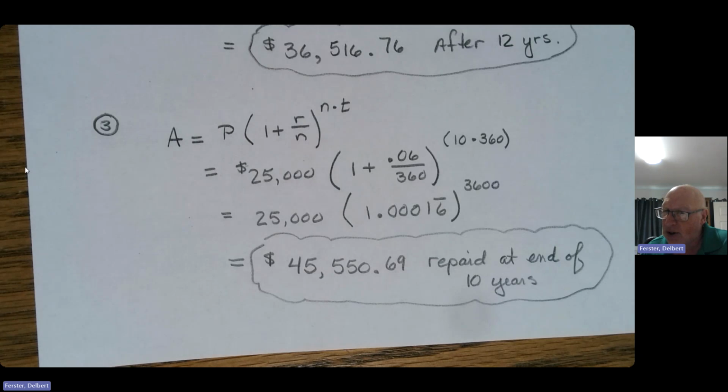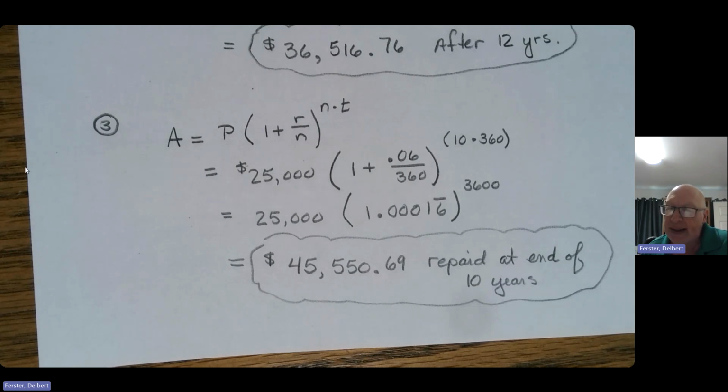Yeah, ugly calculations on the 0.06 divided by 360. I'm showing you on the screen 0.00016 repeating. I should tell you that involved in the calculations, I didn't truncate. I left the full screen display and multiplied that exponentiation where we're raising to the 3600th power and then multiplied by 25,000.